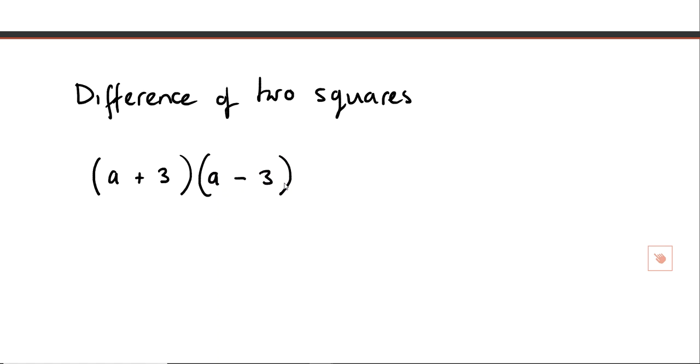In a perfect square, they were both the same. But in the difference of two squares, they're a positive and a negative, but the same number. So tell me why I can't write x plus 3 squared.